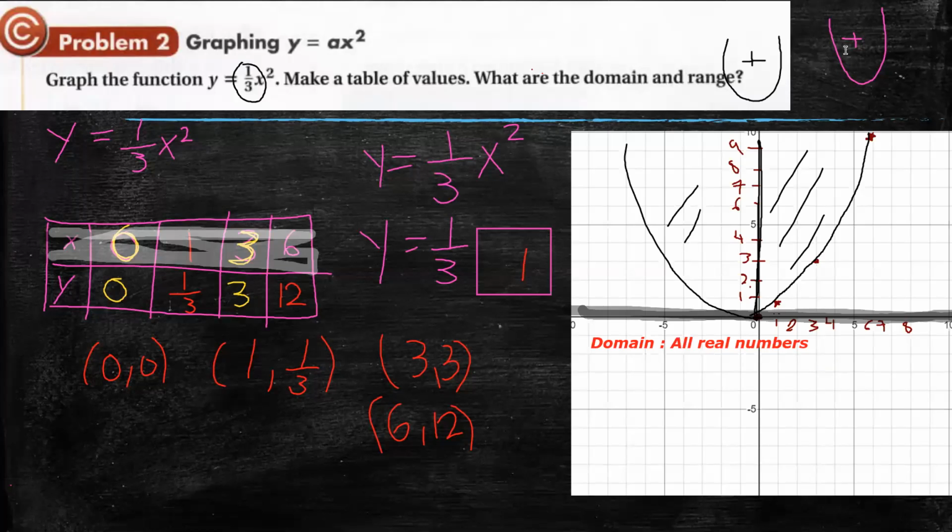So the values of y, as you see from here, start from 0 up to infinity. These are all the range.